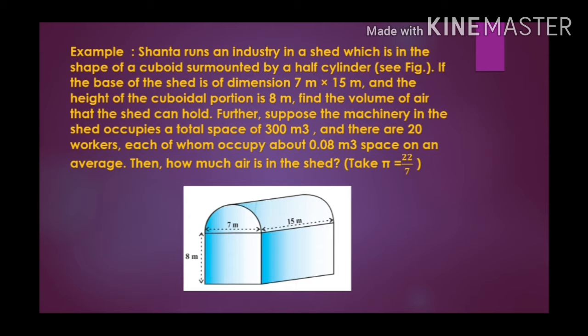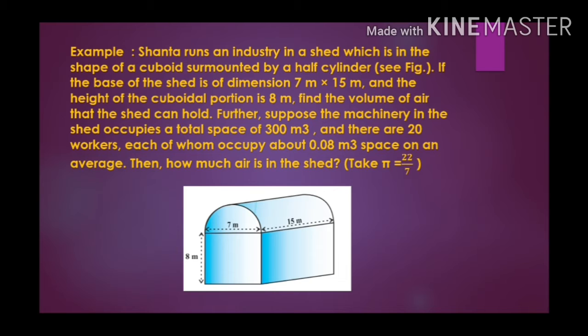Shanta runs an industry in a shed which is in the shape of a cuboid surmounted by a half cylinder. If the base of the shed has dimensions of 7 meter into 15 meter and the height of the cuboidal portion is 8 meter, find the volume of air that the shed can hold.